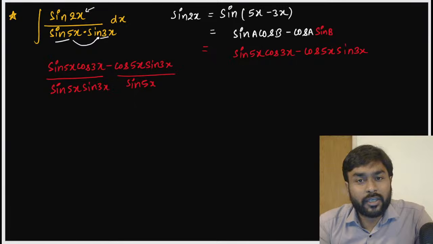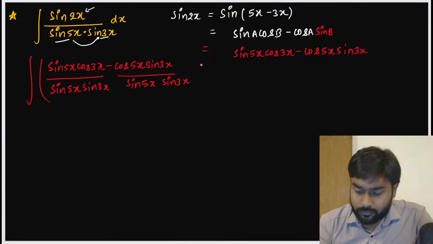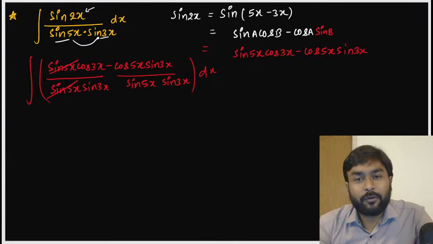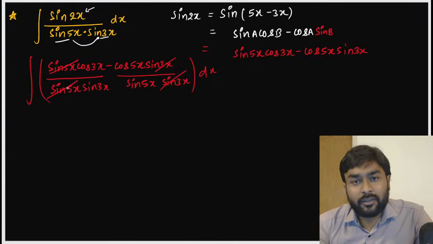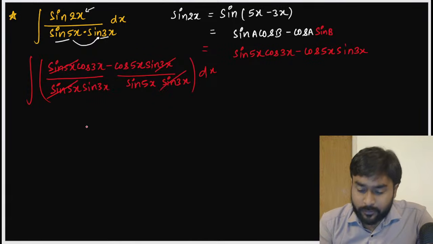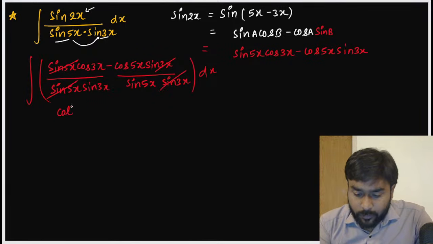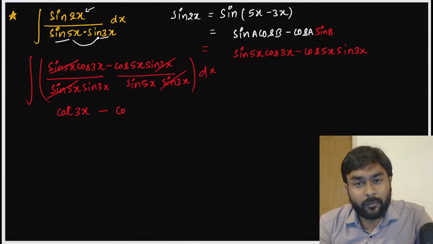After this you can tell me in chat what answer you are getting. So sin 5x will cancel, sin 3x here will cancel, and cos 3x by sin 3x will become cot 3x, and here it will become cot 5x.